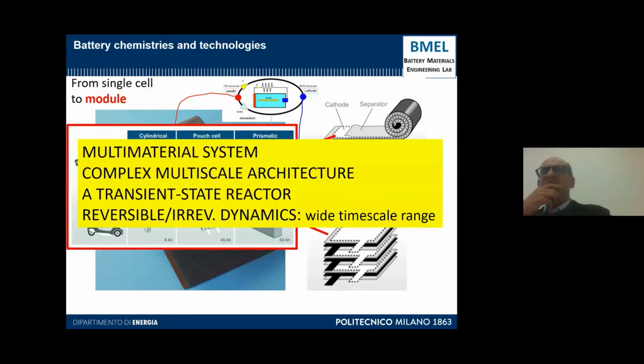Now, from what we have seen so far, it is evident that the battery is a multi-material system with a complex multi-scale architecture ranging from the millimeters to the nanometers, more or less as Akshay has pointed out, operating as a transient state, exhibiting reversible and irreversible dynamics on a wide range of time scales that, again, Akshay has indicated, hours or many hours, days, to milliseconds if we think about electrochemical kinetics, but indeed lower if charge transfer acts have to be accounted for.